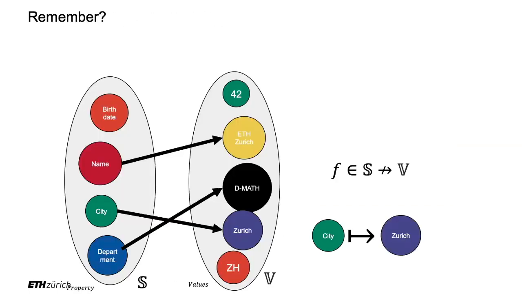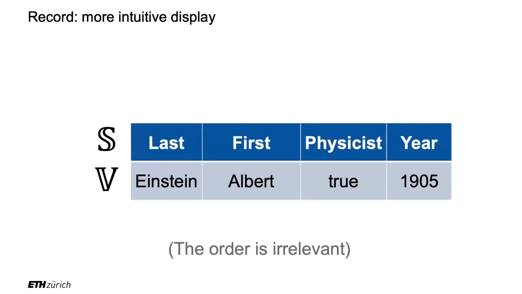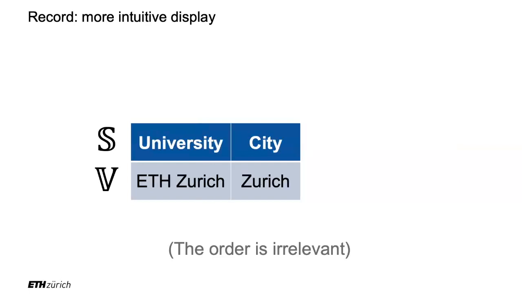There is no order here. It's just a spaghetti ball, right? There is no order between name, city, department. So it means that here, there is also no order between the columns. You can change them and swap last and first or last and physicist and so on. Now, the math captures that the order of the columns is irrelevant. So we've solved that problem by using the definition of a record as a map. So that's great. We achieved what we wanted, right?